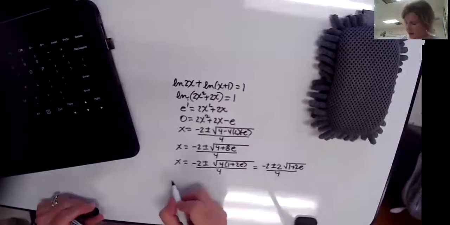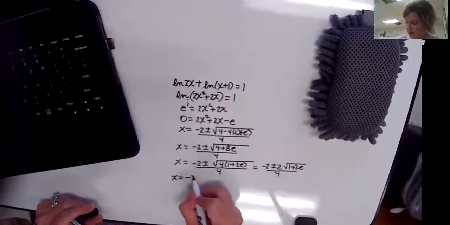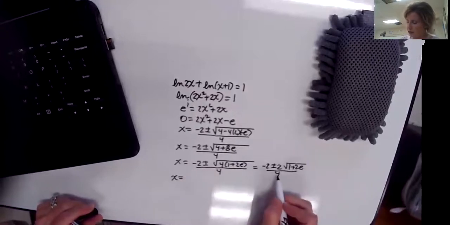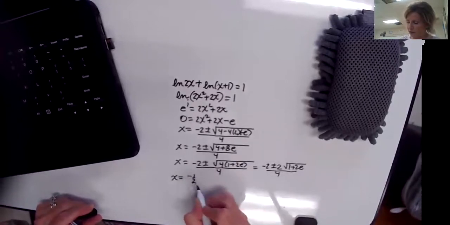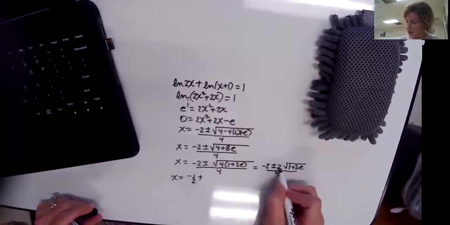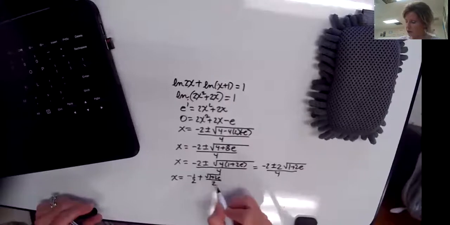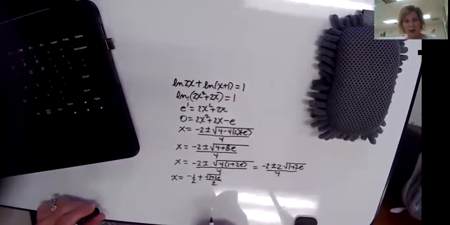Whew. All right, so guys, let's do this. Negative 2/4 is negative 1/2 plus or minus the square root of 1 plus 2e all over 2, because 2/4 is also going to be 1/2.